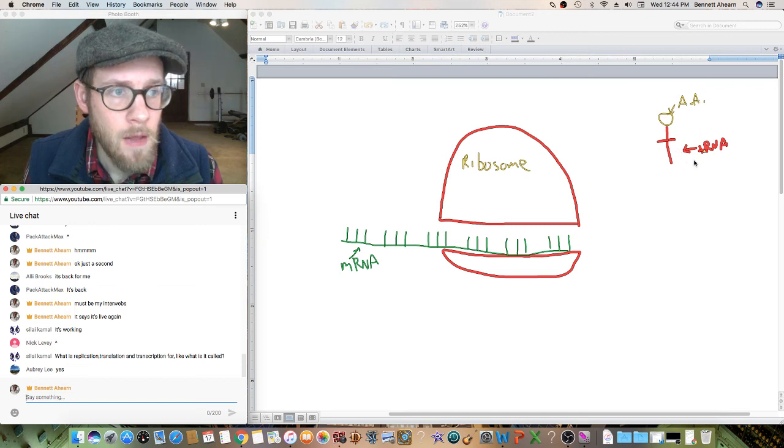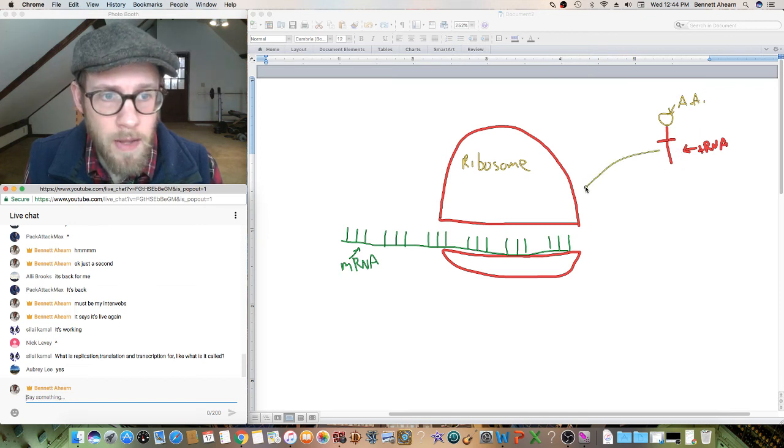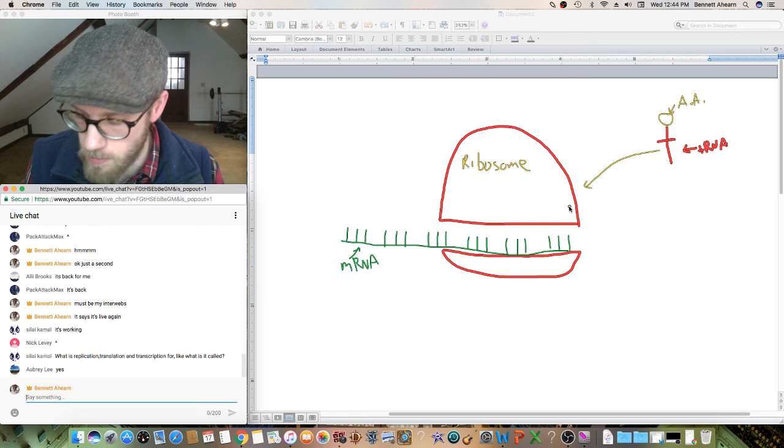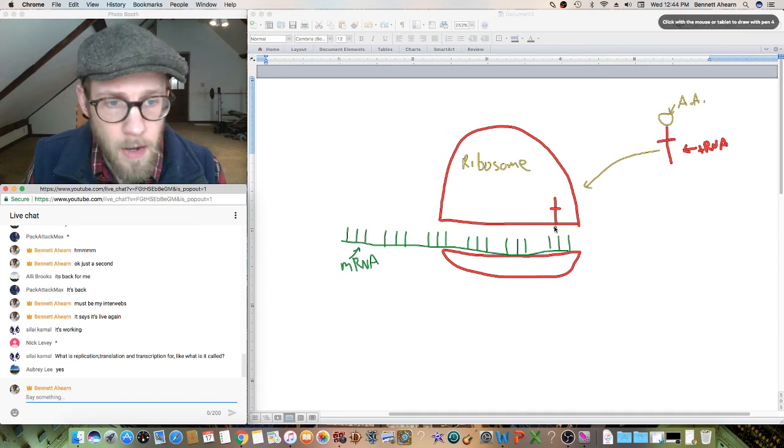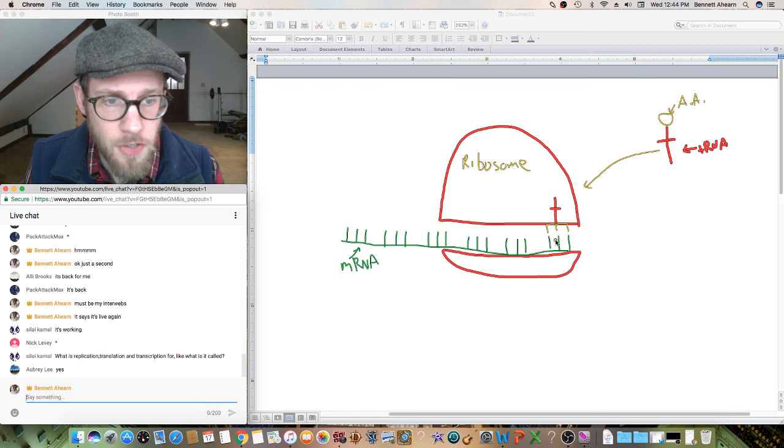The tRNA is going to bring its amino acid to the ribosome, saying, hey, here I am. I brought my amino acid with me, and I know it's the right one because my anticodon matches your codon. And it will drop off its amino acid here when it matches.